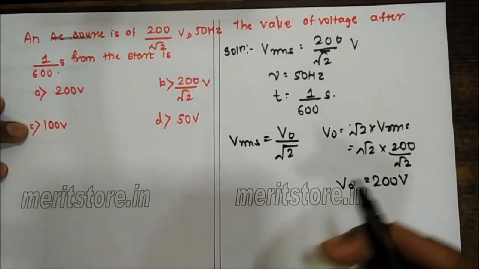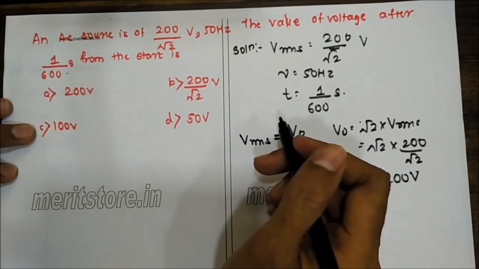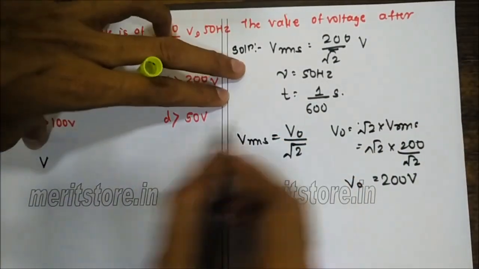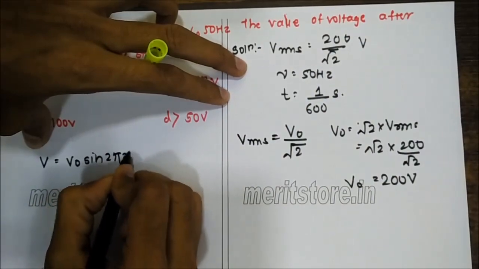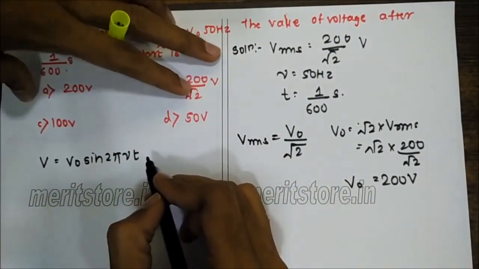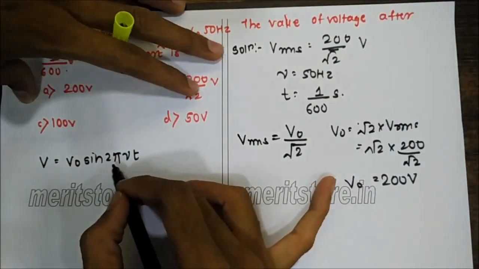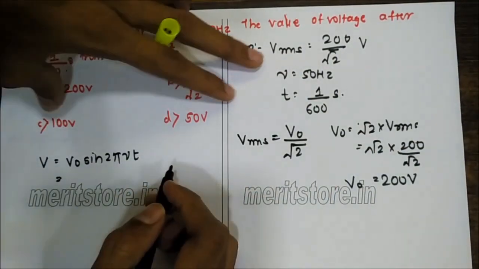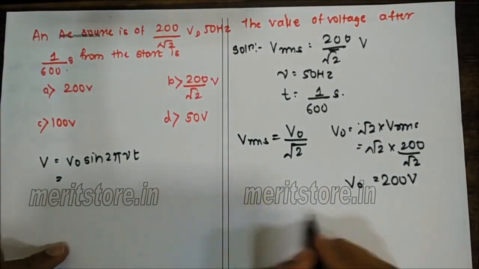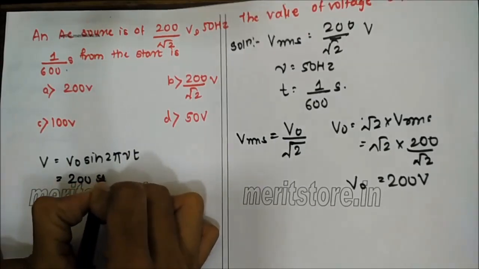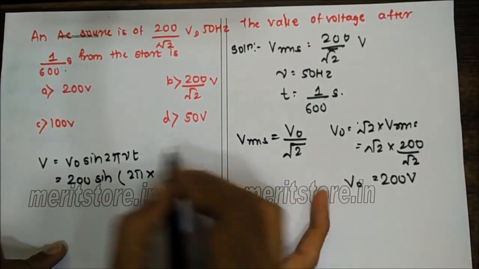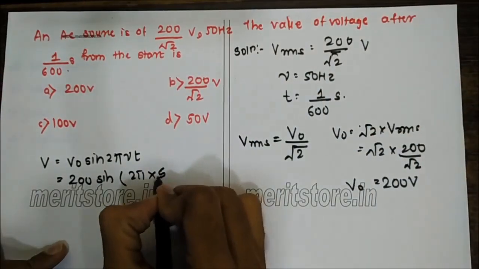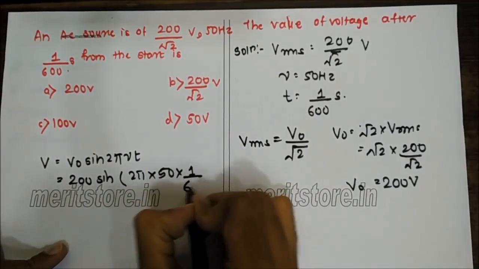Okay, so we will put this value in the equation of this wave, that is V equals V0 sine omega t, where omega is 2 pi mu. So we will substitute all the values we have, that is V naught multiplied by sine, and then we have 2 pi multiplied by mu, which is 50, multiplied by the time, that is 1 upon 600.